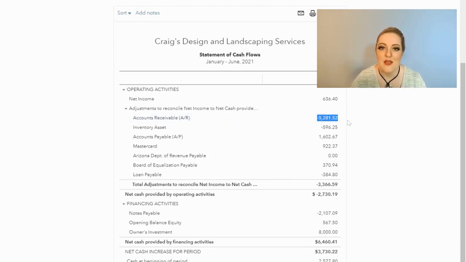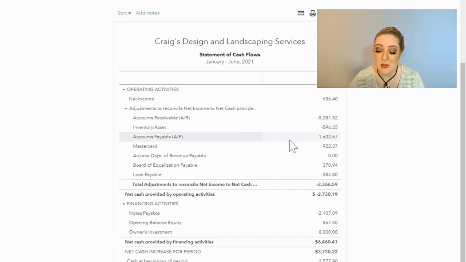So that's money that they haven't collected, but it's showing as income on their profit and loss statement. They've also spent some money on additional inventory that isn't reflected on the income statement, because it's not reflected until they've actually sold that inventory.